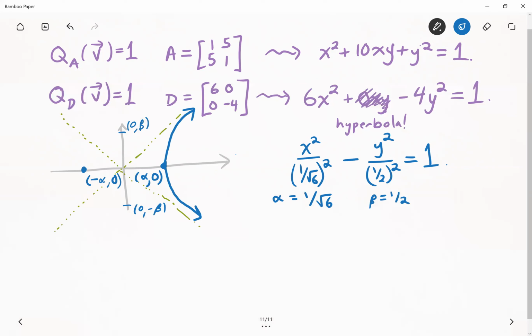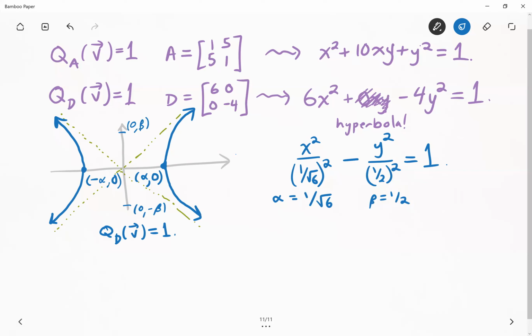So here's our hyperbola corresponding to the graph of the quadratic form Q sub D. And so this is Q sub D of V is equal to 1.